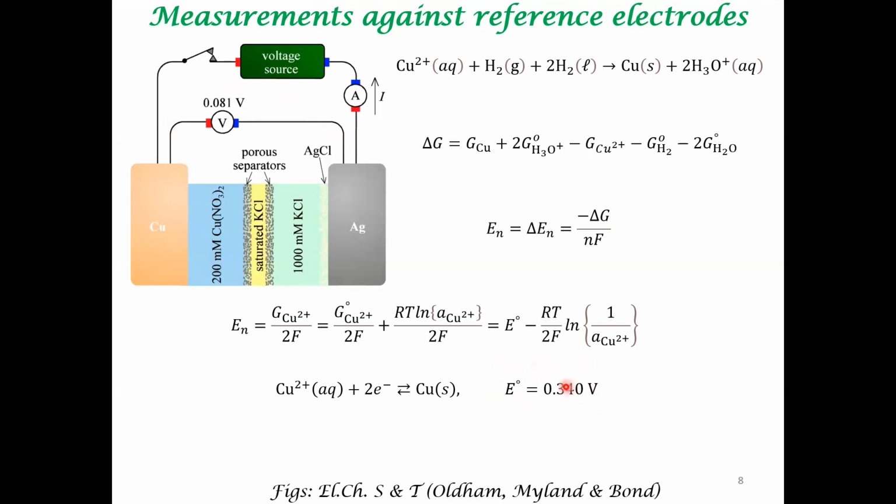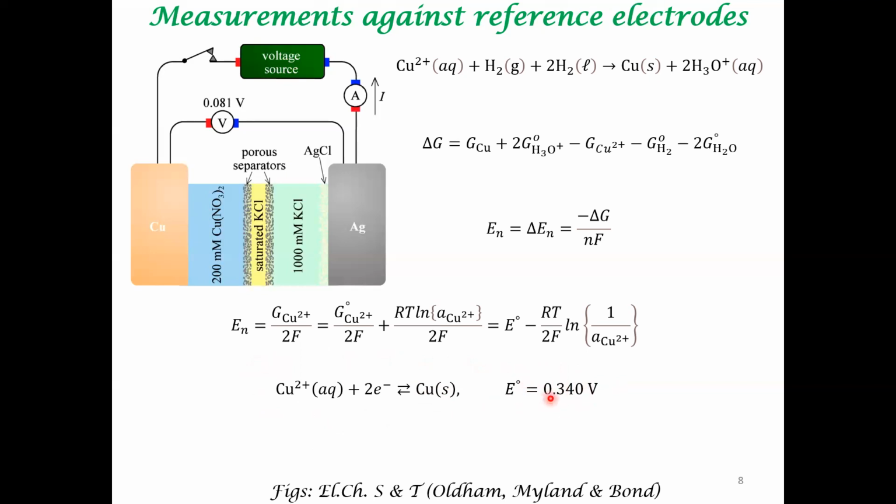Okay, and when I measure it against this particular reference electrode, I'll get a slightly different value. Okay, what is important to note is this is the standard electrode potential corresponding to this reaction that is obtained by an experimental measurement.